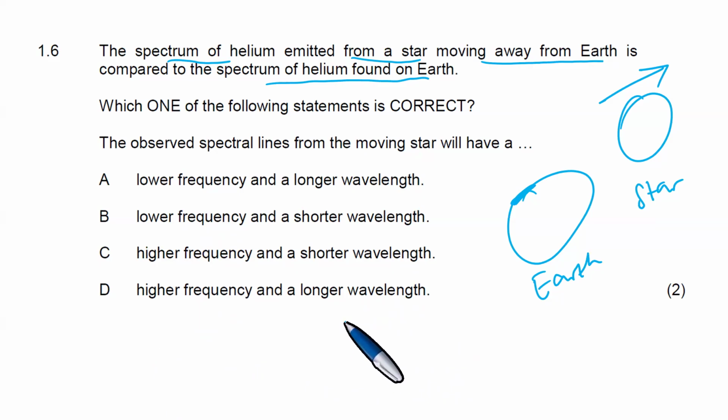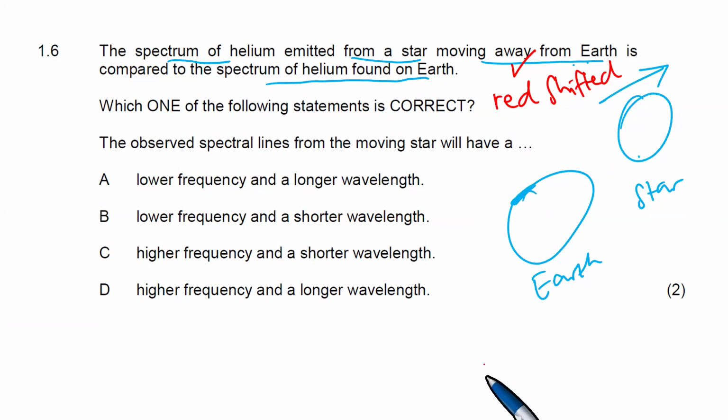Okay. So the spectrum emitted from a star that is moving away from the Earth, because it is moving away, we said it is red shifted.